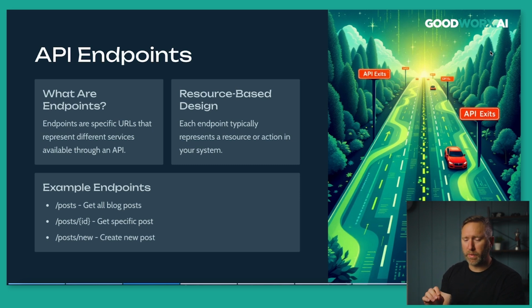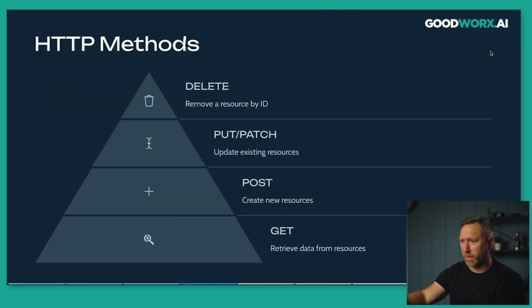Now, if you want a specific blog post, you might do something like /post/ and then the ID of the specific blog post that you want. Or if you want to create a new blog post, it would be post /new. So each address, each endpoint has a specific action associated with it. So I'll show you what I'm talking about here next.